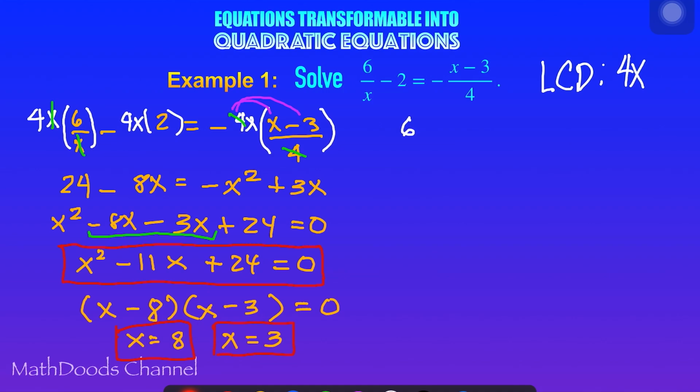So, una natin i-check yung 8. 6 over 8 minus 2 equals negative 8 minus 3 all over 4. Ayan. Yung 6 over 8 minus 2, ang LCD is 8. No? LCD is 8.